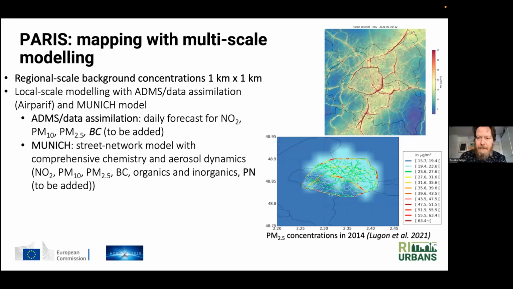And the one on the bottom is particulate matter concentration, and also there areas close to the roads are highlighted as hotspots. This is something that the mapping helps, also the analysis of air quality in a smaller scale.